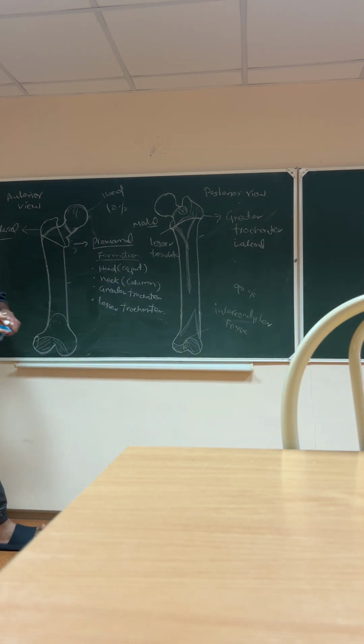If you look between the greater trochanter and lesser trochanter on the anterior side, you will find the intertrochanteric line, because this is a trochanter, this is a trochanter, and between them is the intertrochanteric line, linea intertrochanterica. This is on the anterior side.